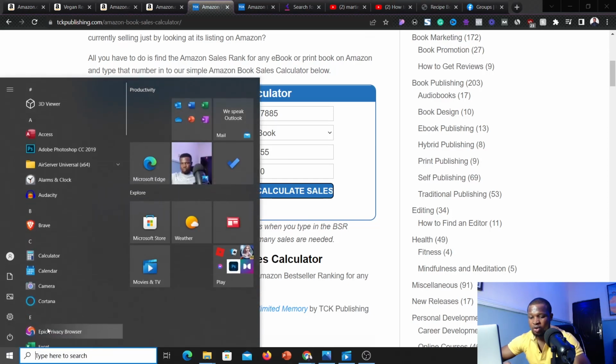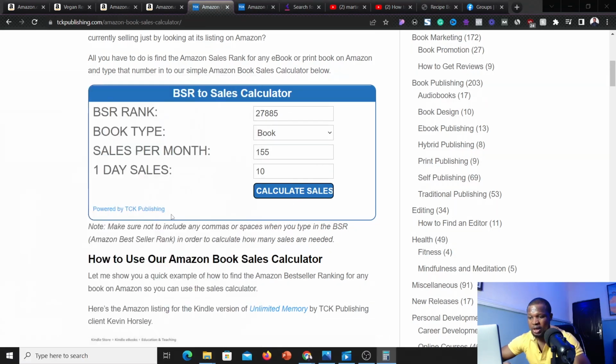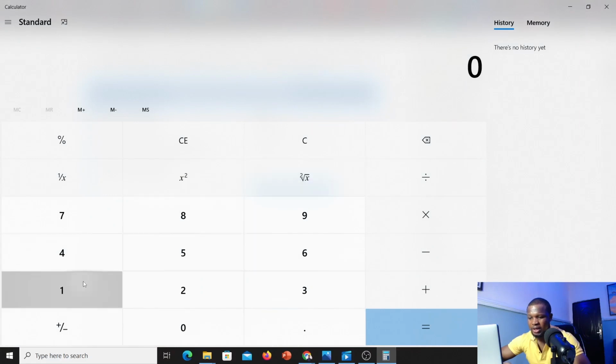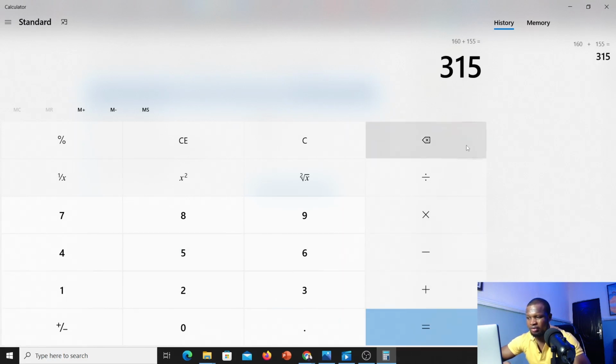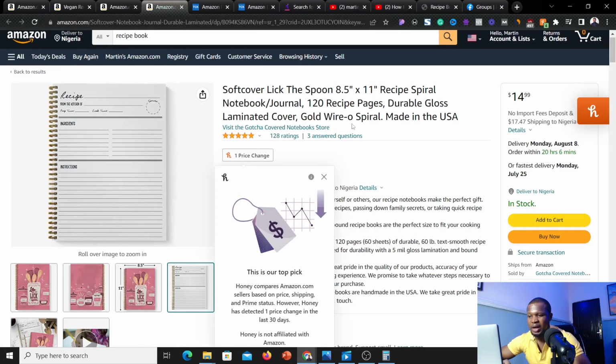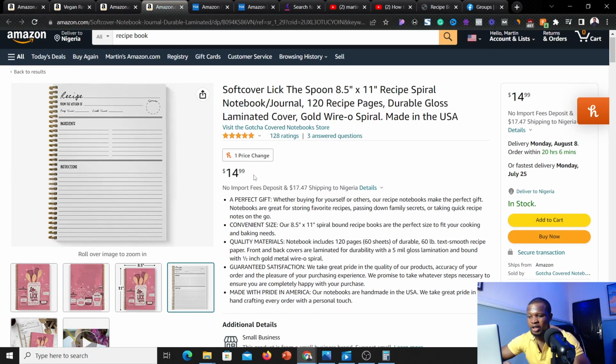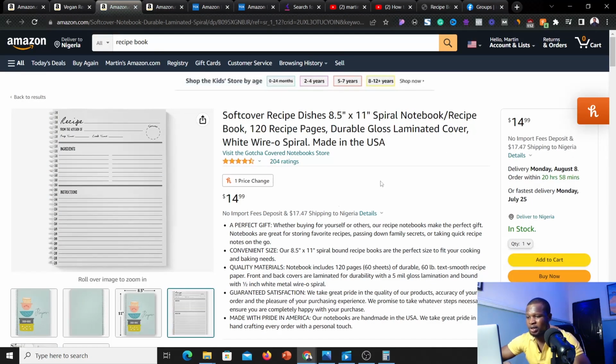Let's do a bit of calculation to get an idea of how much these guys are getting from this. So 160 plus 155 gives us 315. I'm going to multiply with the price. The price they are selling this book at is $14.99, and this one also is $14.99, so like $15.